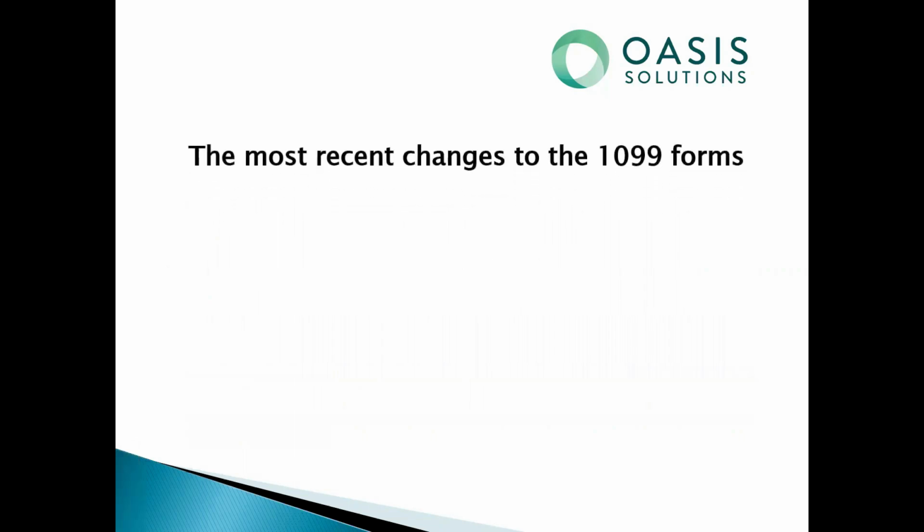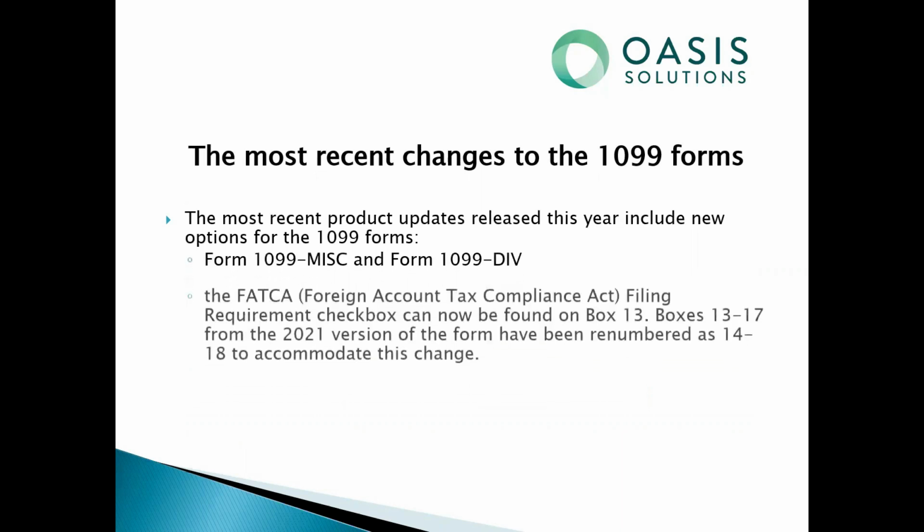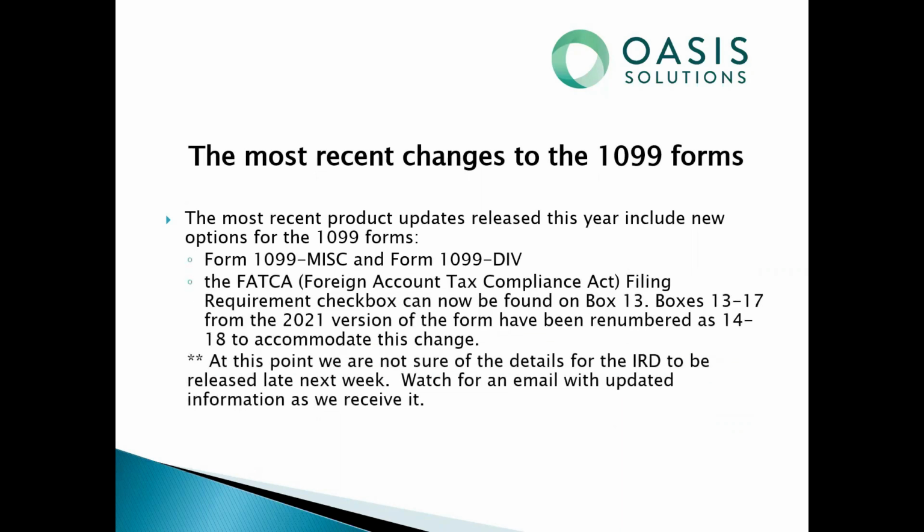Okay, so let's talk about the most recent changes to the 1099 forms. The 1099 miscellaneous and the 1099 dividend forms, it's really a very minor change that they made.